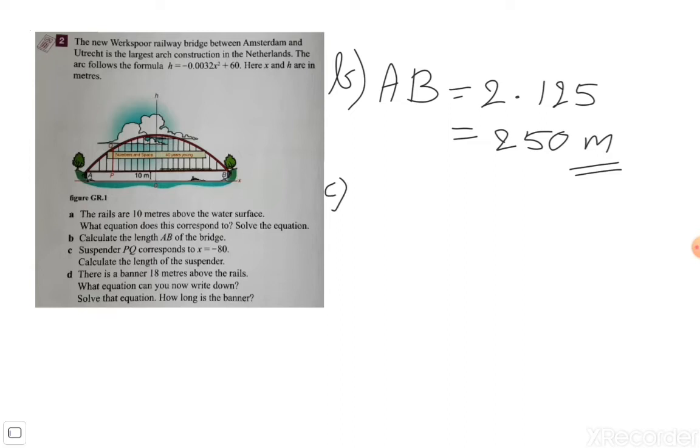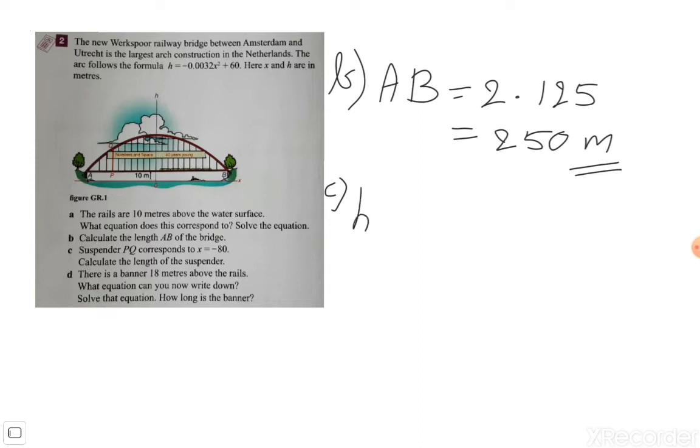Exercise C is to calculate the length from P to Q. PQ corresponds to x is minus 80. Calculate the length of the suspender. So what we need to know is the height of point Q. To know the height of point Q, we need to fill in minus 80 inside our quadratic formula.